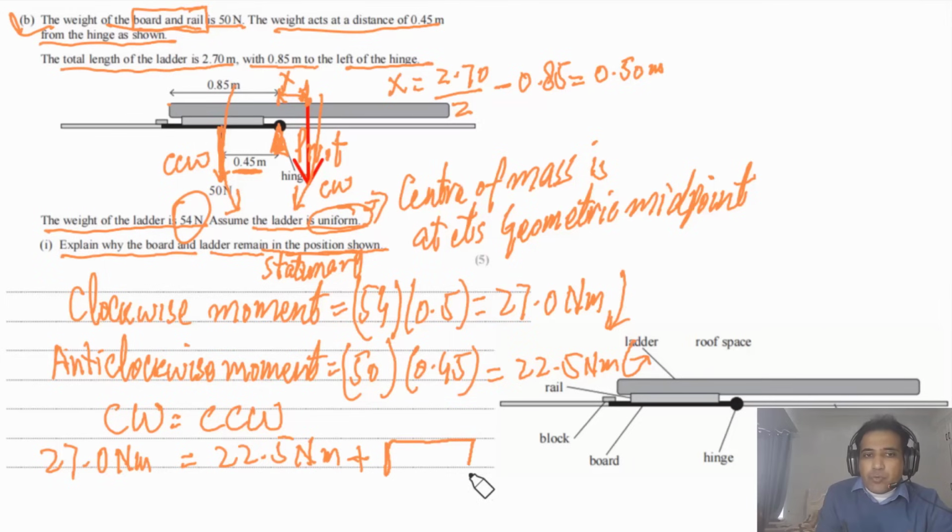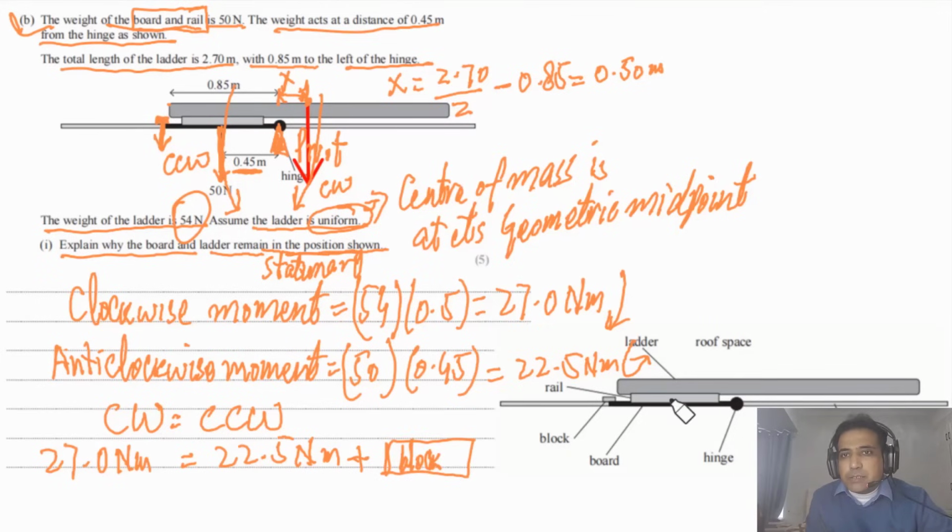It means some moment is due to the board. We have the board here, so there is a force by the board. So we can say there is also moment due to the block.